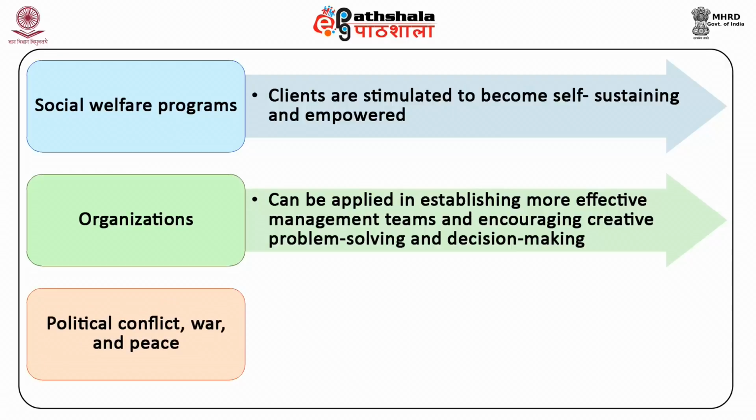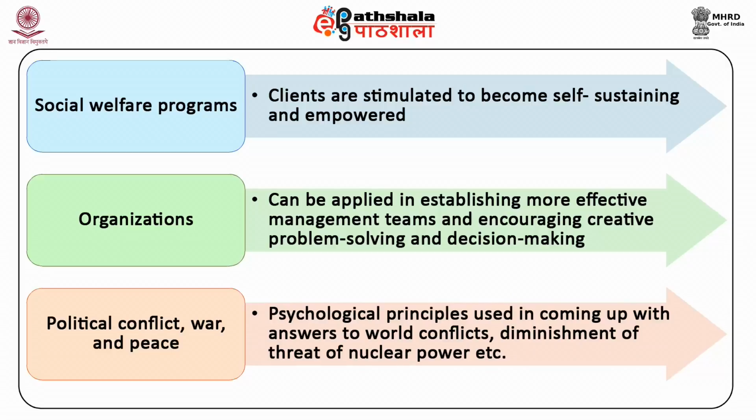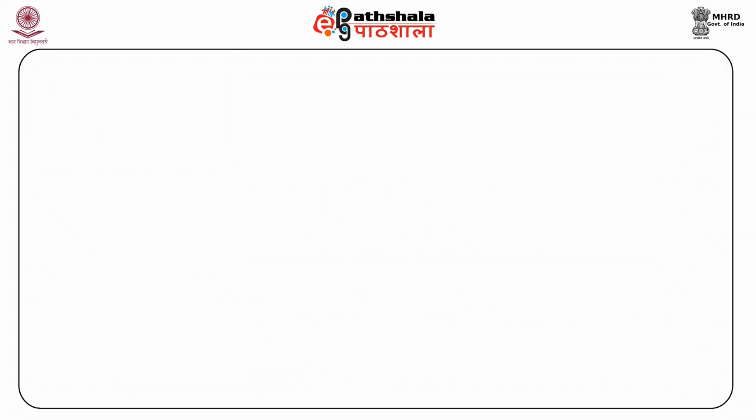Political conflict, war, and peace. Ultimately, Rogers desired to see psychological principles used in coming up with answers to world conflicts, diminishment of the threat of nuclear power, support for the poor, and creating harmony and peace.